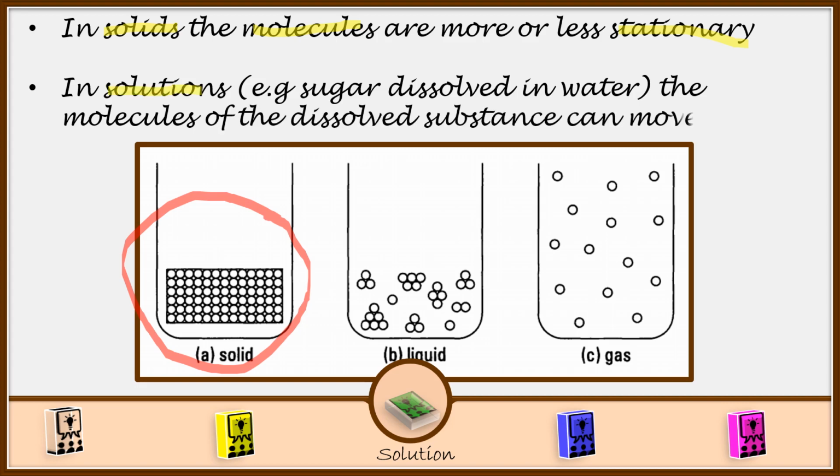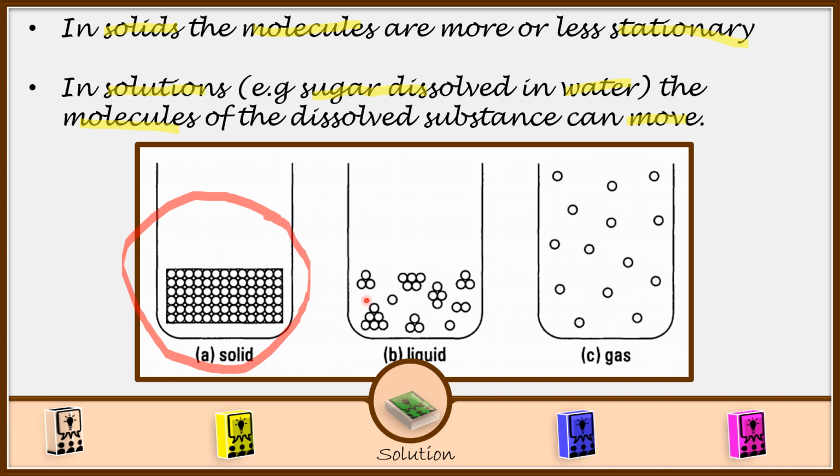In solutions, for example, sugar dissolved in water, the molecules of the dissolved substance can move. Now we know that sugar is a solid, but when you dissolve it in water, it is going to be moving because it is already dissolved in water.